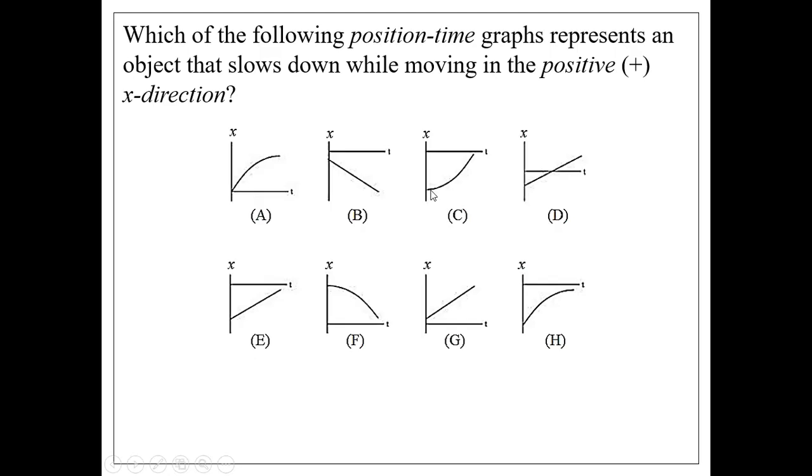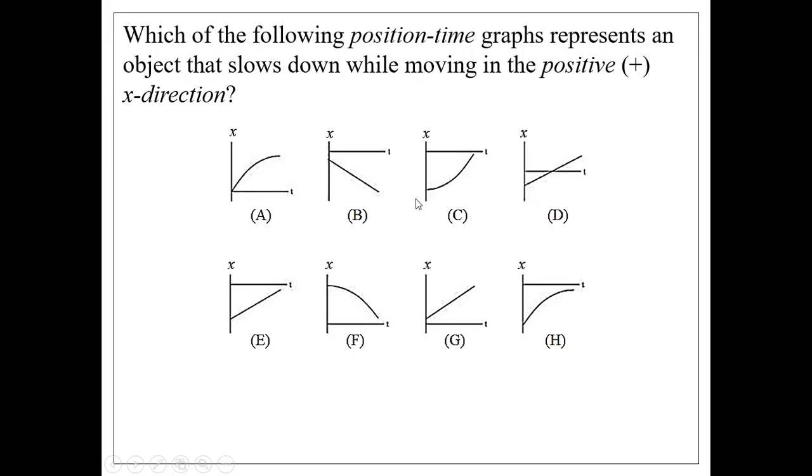But then as time increases, the steepness of the tangent line gets steeper and steeper. Well, you're looking for an object that slows down. You want a graph whose tangent line gets flatter and flatter, not steeper and steeper. So I can cross out B because it doesn't fit the shape of what I need. C is whack only because I need it to slow down, not speed up.